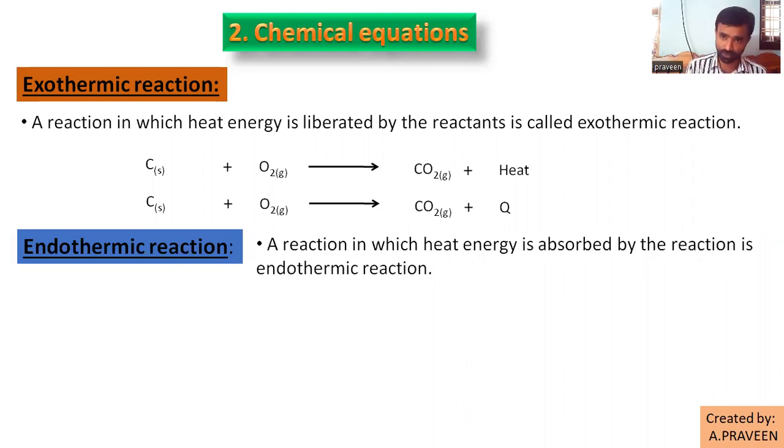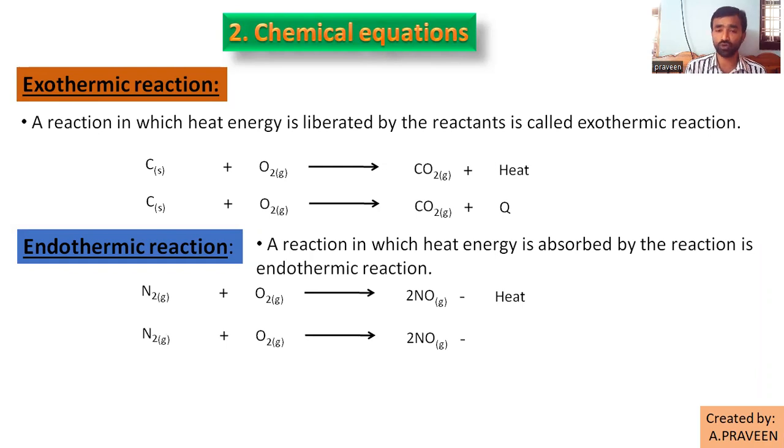Those types of reactions are called endothermic reactions. An example is nitrogen reacting with oxygen to produce nitrogen monoxide, and the content becomes cool. So the loss of heat energy will be written as minus heat, or you can write minus Q also.